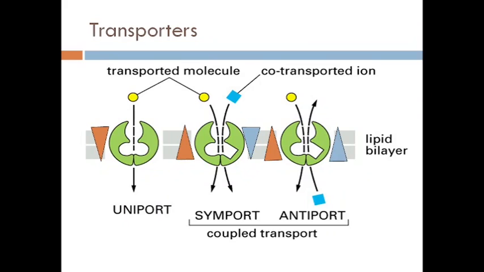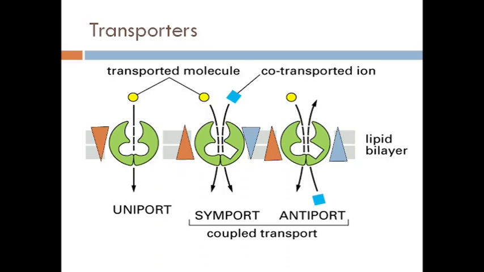Here we can see the three different types of transporter proteins which are involved in specific types of transport, and they are categorized into three categories: uniport, symport and antiport. In case of uniport, the transport is found to be of only one single solute species.